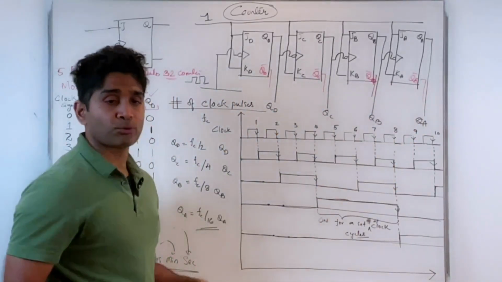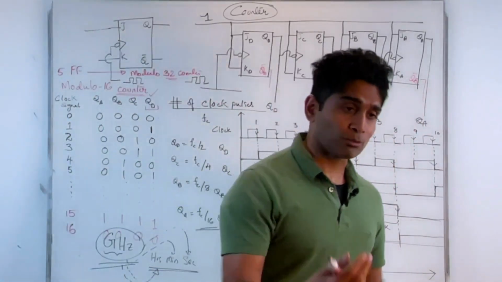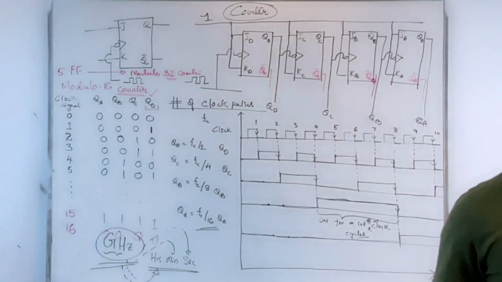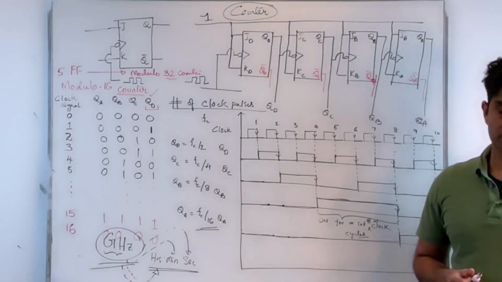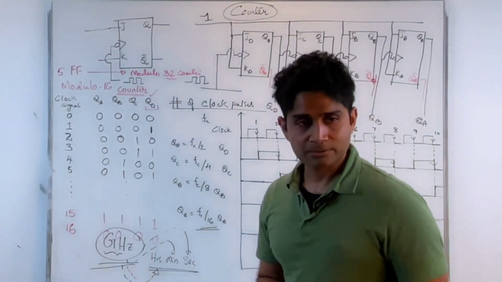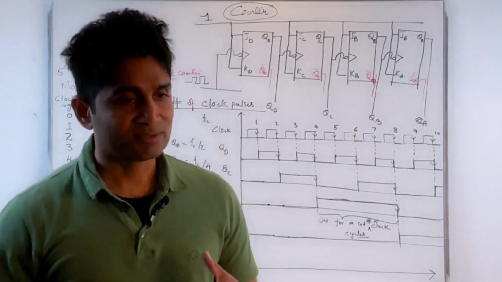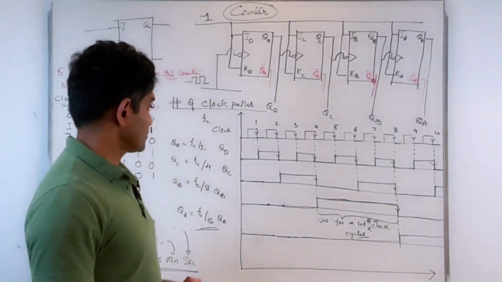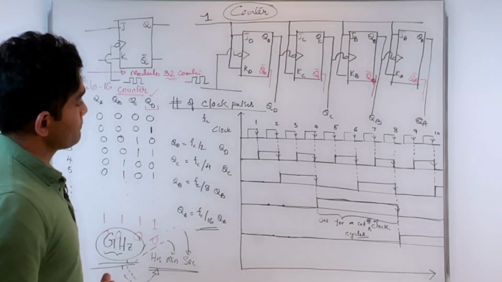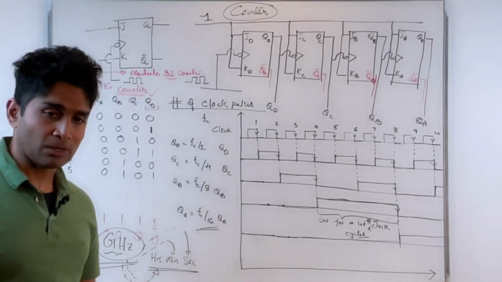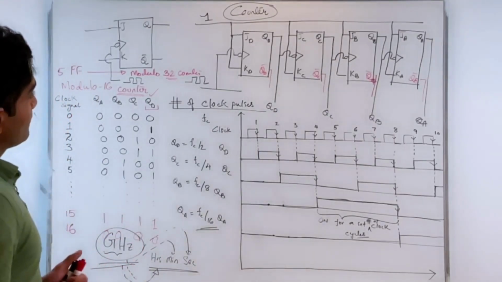When I monitor Q primes, I'll get a modulo down counter because it's counting down. Start with 1, 1, 1, 1, starts counting down. Okay. So that's how you get a modulo 16 down counter. So you can do an up counter, you can do a down counter, and so on. All right, so that's good.